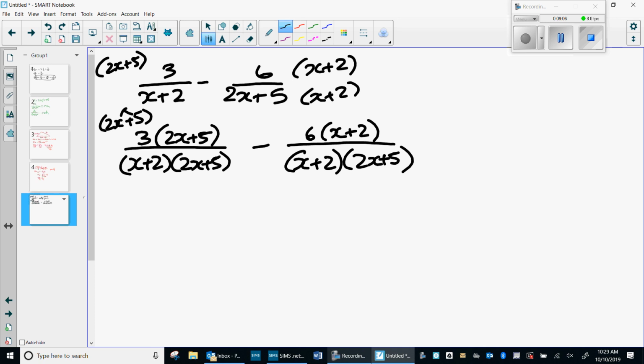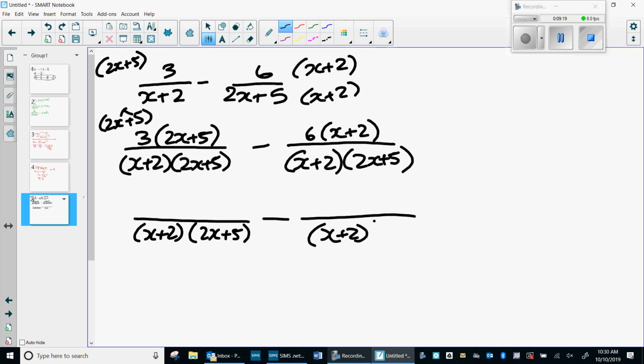My denominator is fine. If you would prefer to expand it, that's fine. Otherwise, you can just leave it as it is: x plus 2, 2x plus 5. Okay, and I need to expand my brackets here. So I've got 6x plus 15 and 6x plus 12.